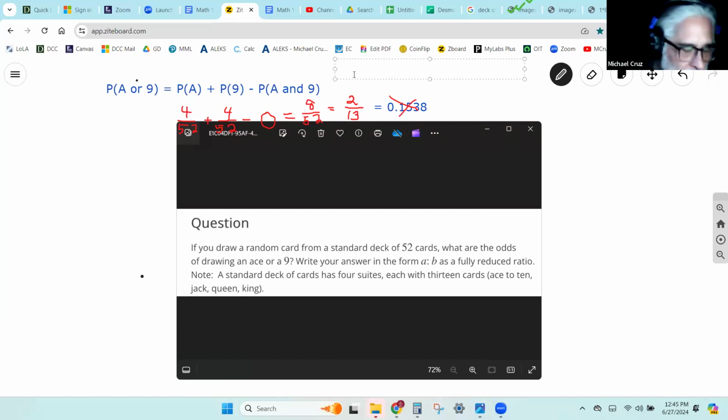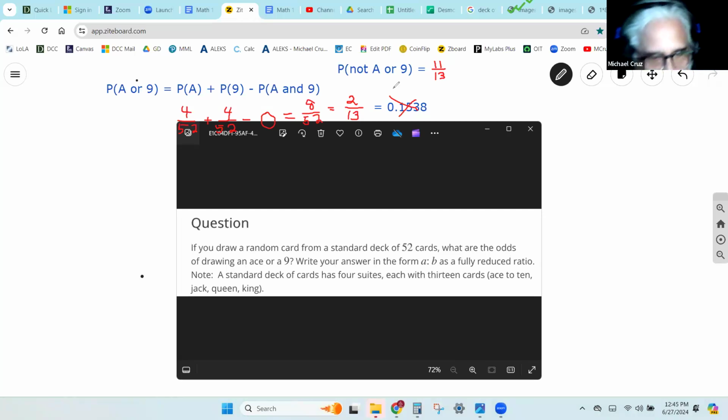So we need to have the probability of not 8 or 9. All right. So how do we get that? Well, that's that same old complement rule, but we're going to take a little shortcut. 2 from 13 is 11. And then we keep that same denominator, because probabilities are going to share the same denominator, the probability and its complement.